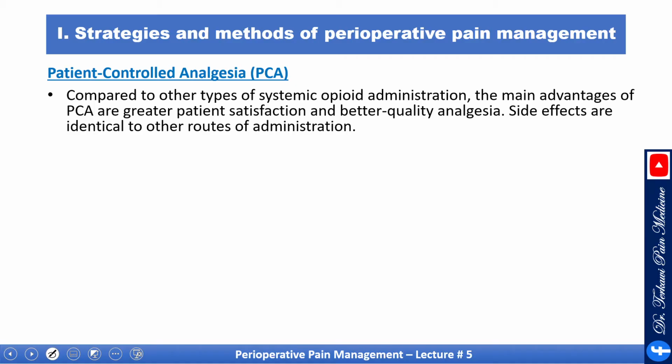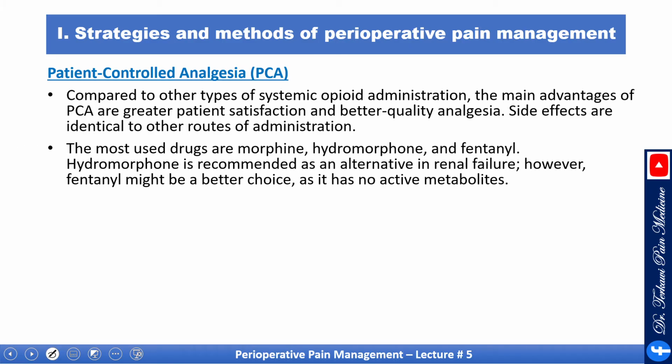Side effects are identical to other routes of administration. The most used drugs are morphine, hydromorphone, and fentanyl. Hydromorphone is recommended as an alternative in renal failure. However, fentanyl might be a better choice, as it has no active metabolite.